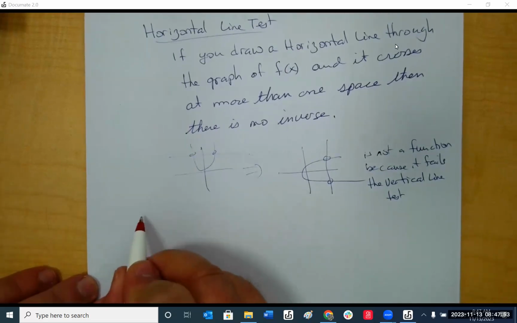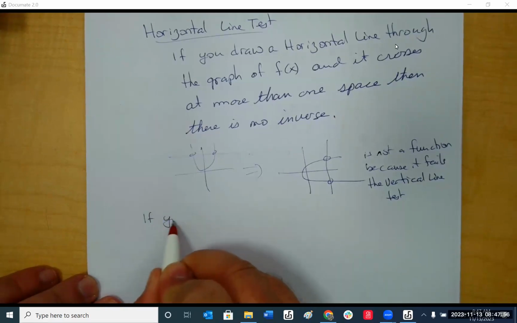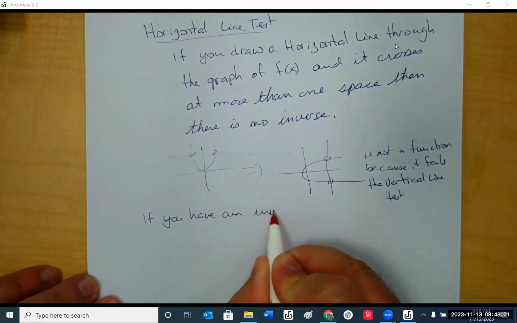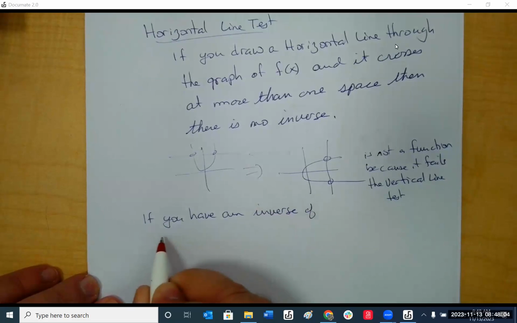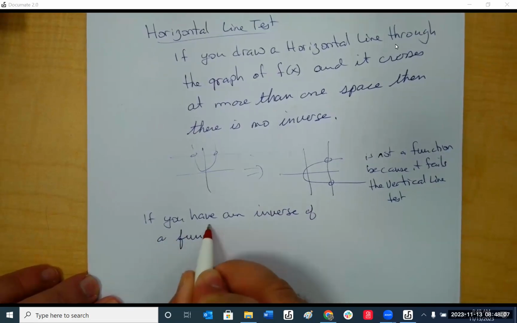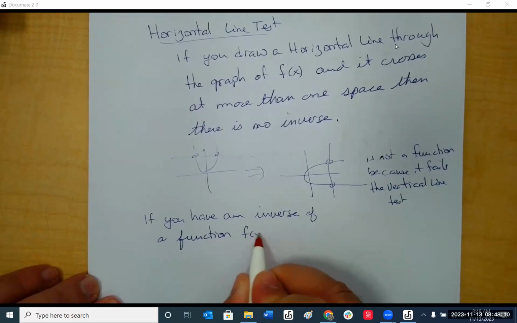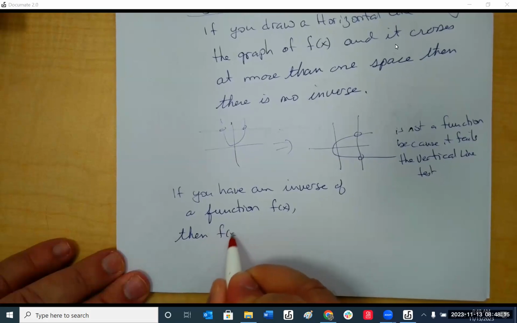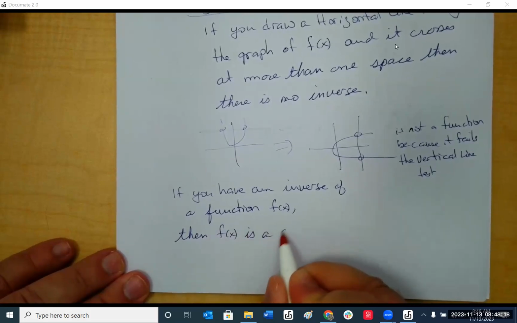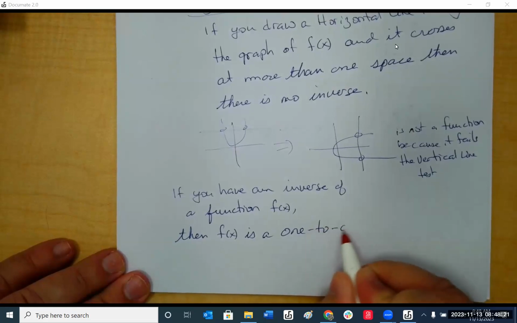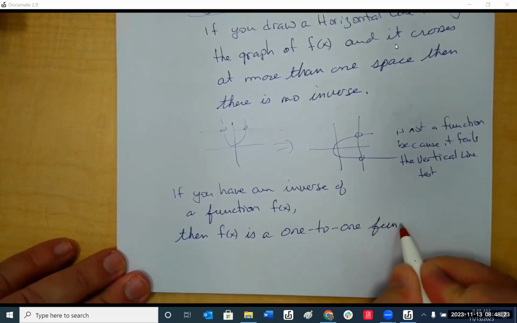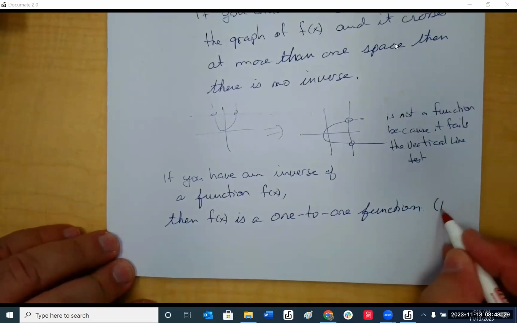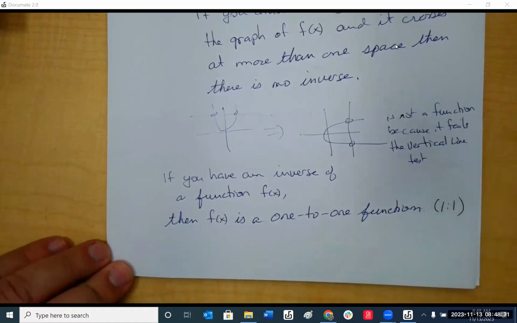When this occurs, if you have an inverse of a function f of x, then we say f of x is a one-to-one function. One-to-one, we write like this.